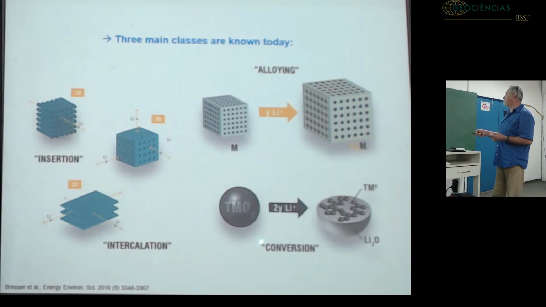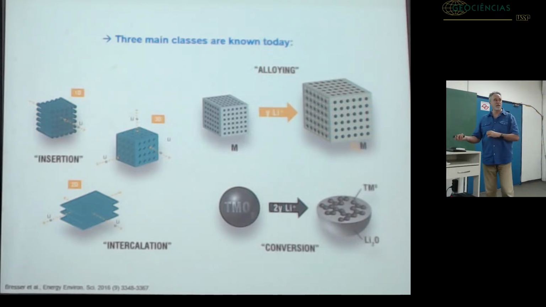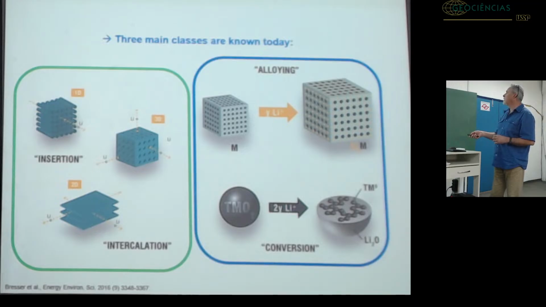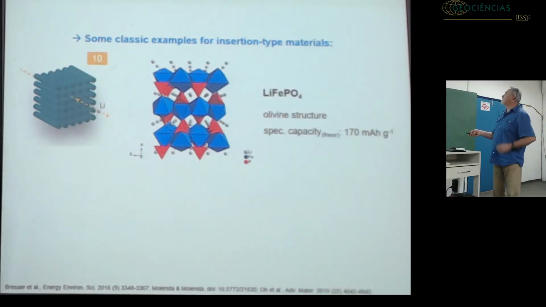And in this case, it is called conversion. So those are the three names for the three different mechanisms for lithium to enter a structure. And let's see one material which is familiar to us, triphylite, a lithium iron phosphate with the olivine structure.